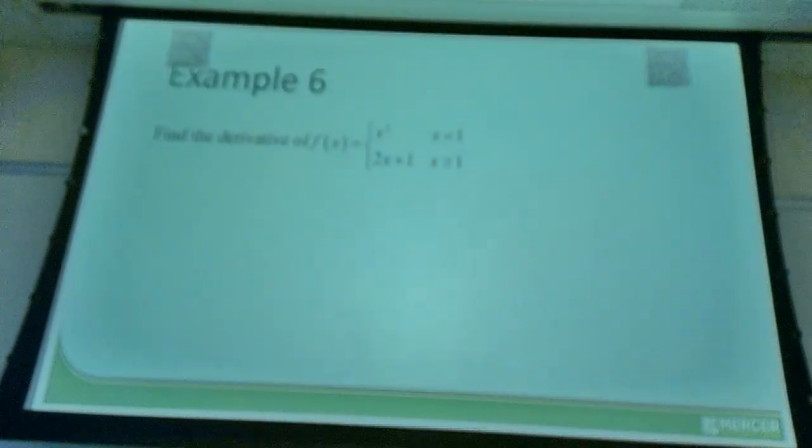Piecewise function. So we're going to take this by pieces. What is the derivative of x squared? What is the derivative of 2x plus 1?